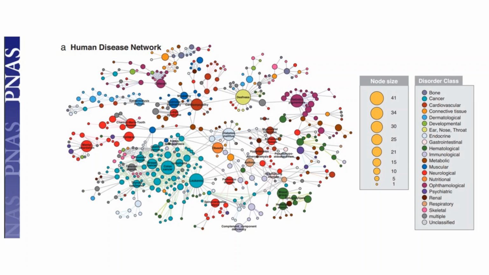Each node corresponds to a distinct disorder, colored based on the disorder class to which it belongs. A link between disorders in the same disorder class is colored with the corresponding dimmer color, and links connecting different disorder classes are gray. The size of each node is proportional to the number of genes participating in the corresponding disorder, and the link thickness is proportional to the number of genes shared by the disorders it connects.